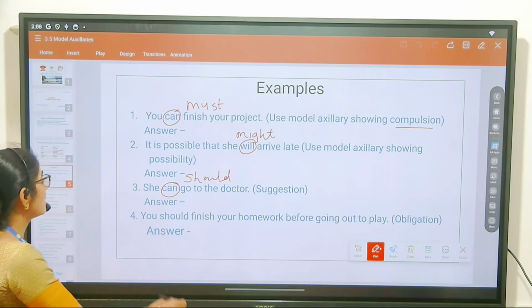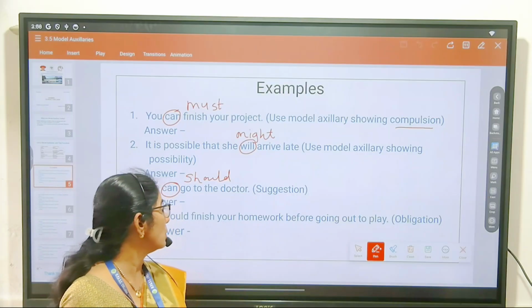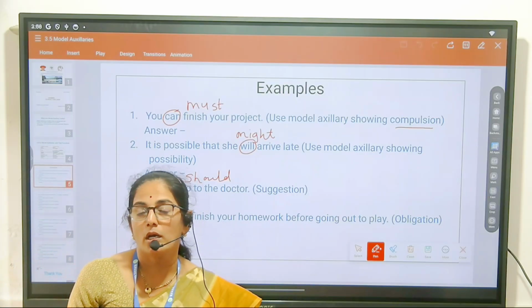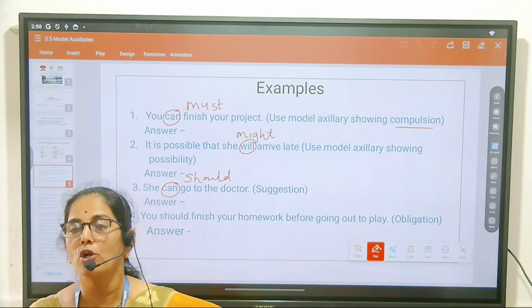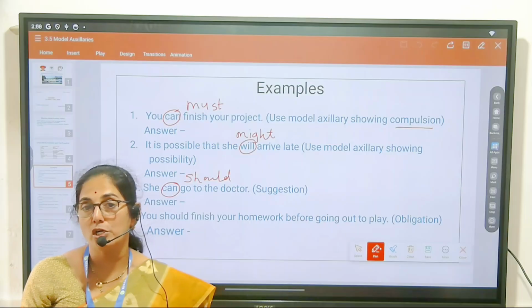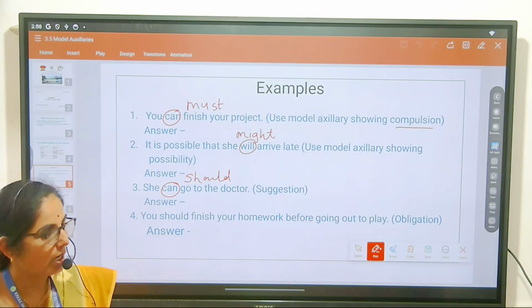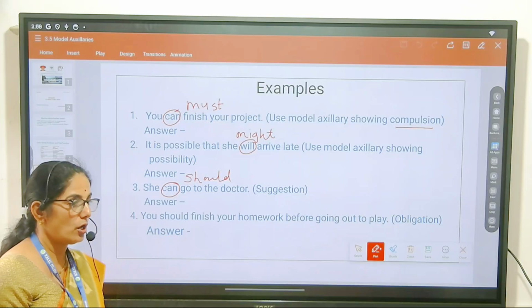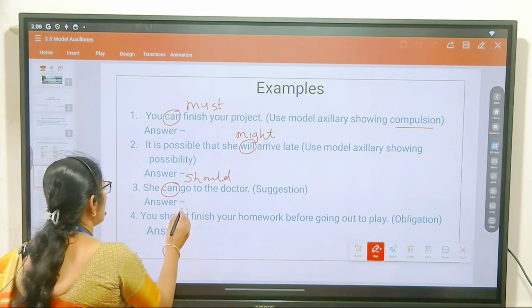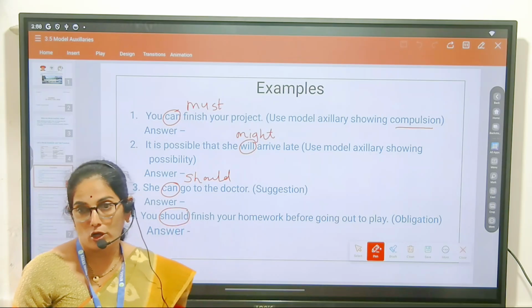Now see the fourth sentence. You should finish your homework before going out to play. Now here, obligation. You have to use a modal auxiliary showing obligation. Obligation means it is a compulsion. It is compulsion for you. So you have to find out which modal auxiliary is already used here and remove it, and instead use the one for compulsion or obligation.